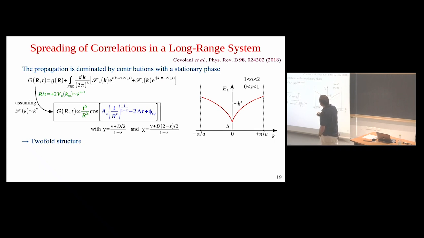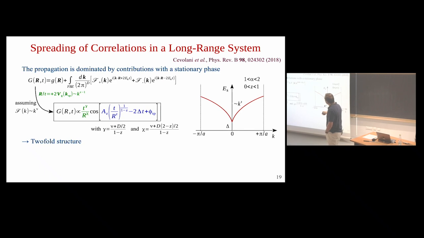And in this case, you see that I have a solution for any ratio of r divided by t, which means that, contrary to the short-range system, I have to be a bit careful about the behavior of this prefactor over here. In general, I will consider that this goes as a power law with some power nu, whatever it is. This depends on the observable, and also on the kind of quench that I will do. So if I do my math, I will find a structure like this.